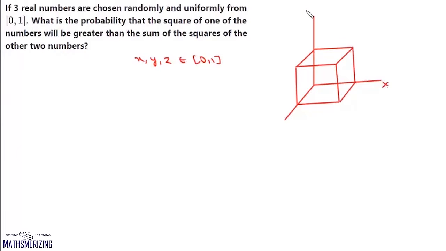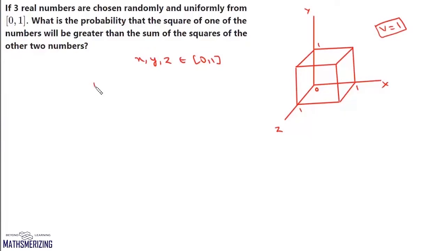Now this is X, this is Y and this is Z. Now this is 0, 1, 1 and 1. Now it asks, what is the probability that the square of one of the numbers will be greater than the sum of the squares of the other two numbers?